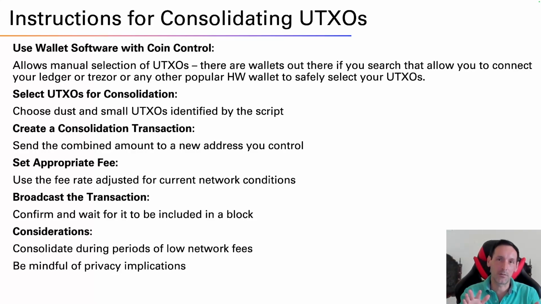I've never done it because I have not needed to yet, but eventually I will have to. When I do it, I will definitely pick a time like that, really early in the morning, when I know that the network is not very congested, so it's ideal for cheap transactions.